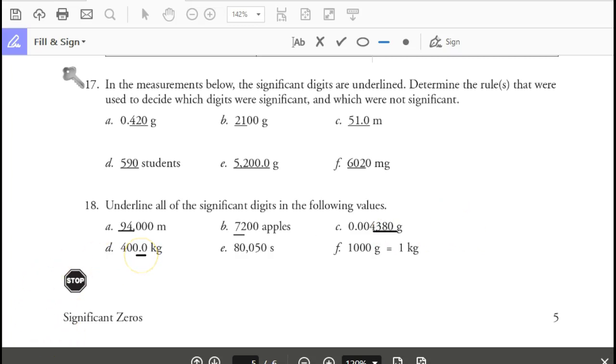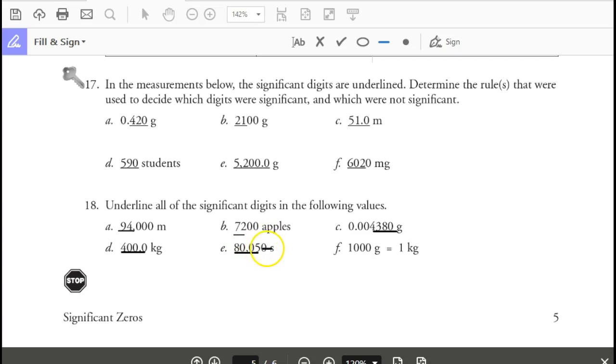This one's to the right of a decimal point, and this is after the digit, so all 4 of these are significant. So 4, 0, 0.0, there's 4 significant figures in this one. For this one, there's an implied decimal point. So this 8, this 0, and this 5 are significant.